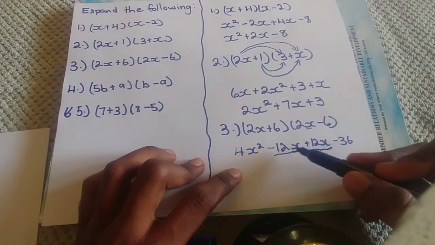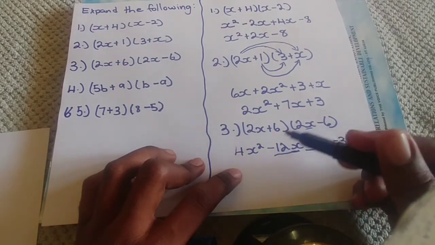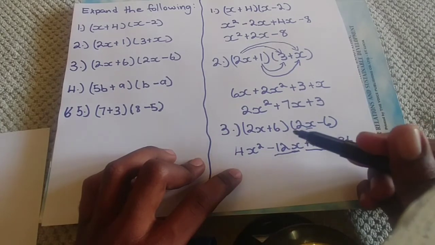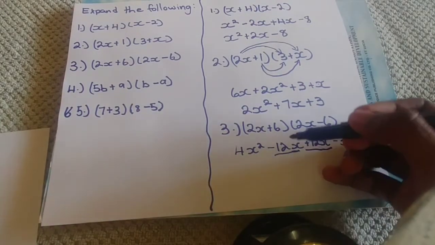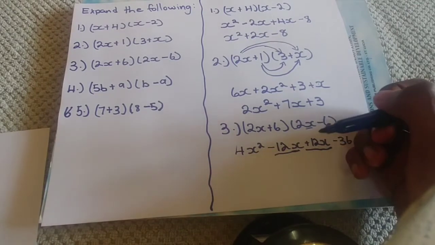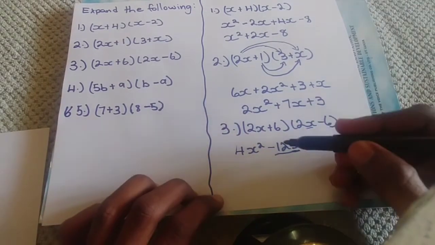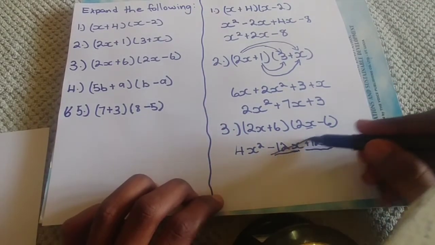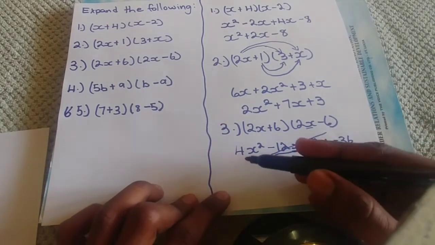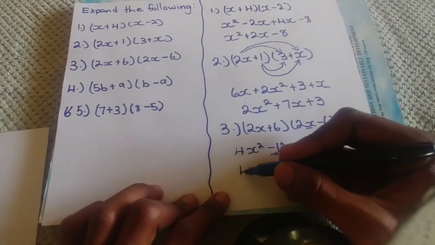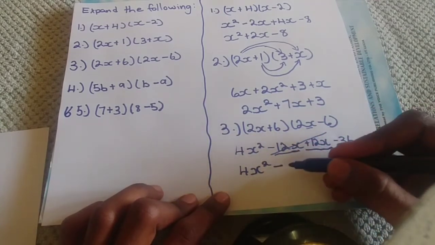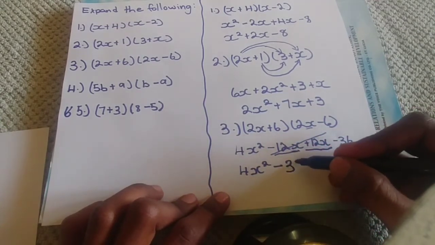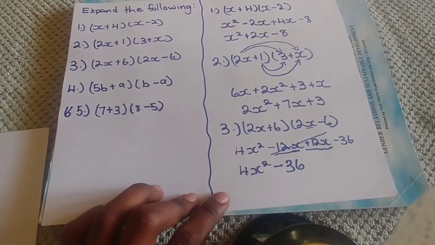These are additive inverses of each other. So that means that when you add them, you get your identity element, which is 0. So basically they cancel out. That's a fancy way of saying that they cancel out. So that's 4x squared minus 36. That's what it becomes.